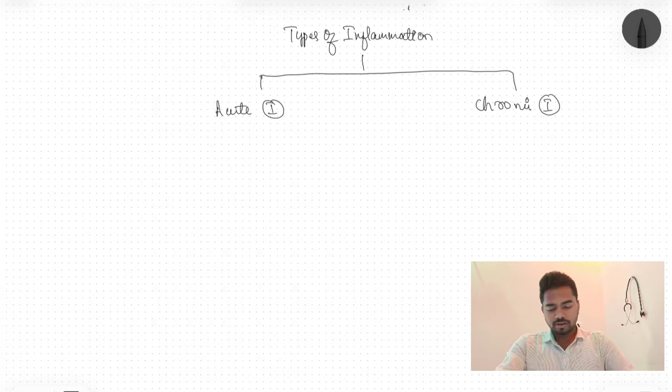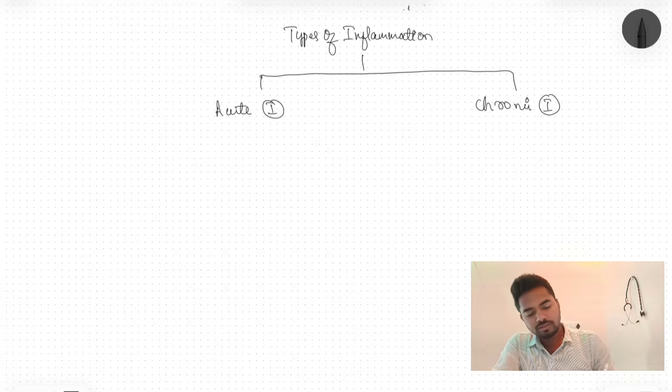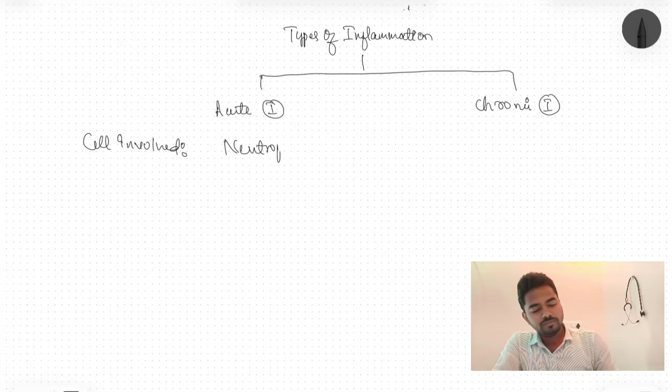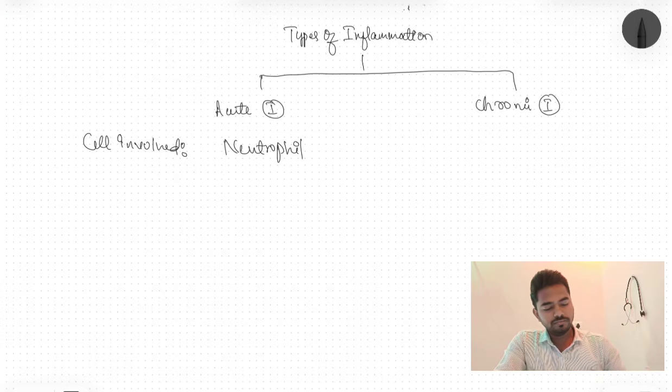Just remember for your lifetime, guys, neutrophil is the cell of acute inflammation, and macrophage is the cell of chronic inflammation. Cell involved: in acute inflammation, neutrophil. In chronic inflammation, macrophage.